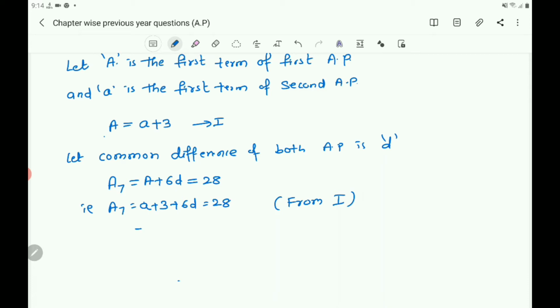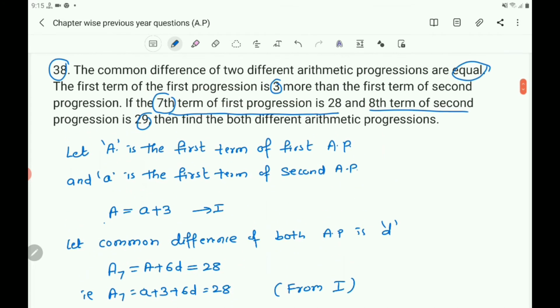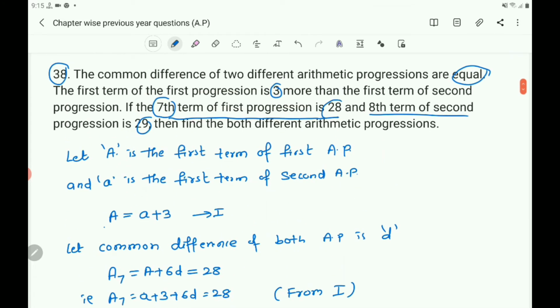Then you can write a plus 6d, transferring 3 to the RHS, equals 28 minus 3. Then you will get a plus 6d equals 25. So you can convert this in terms of a: a equals 25 minus 6d. So this is the second relation you got here.